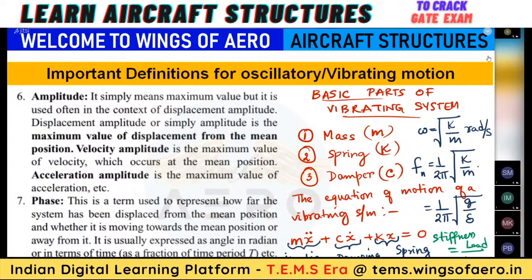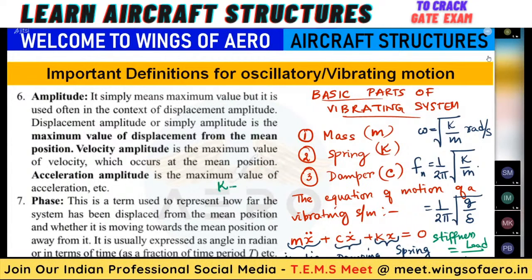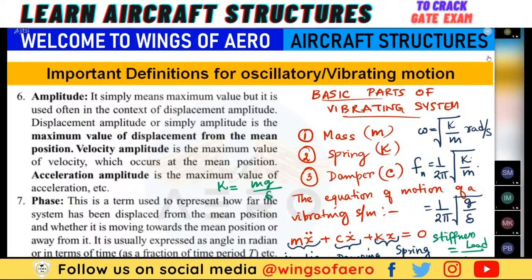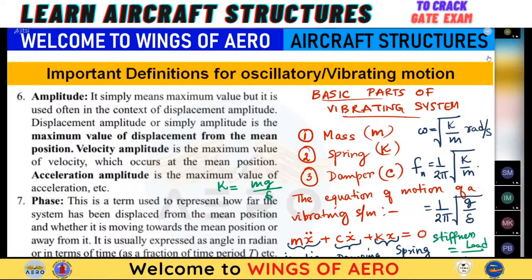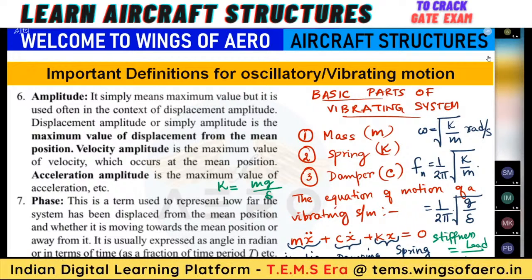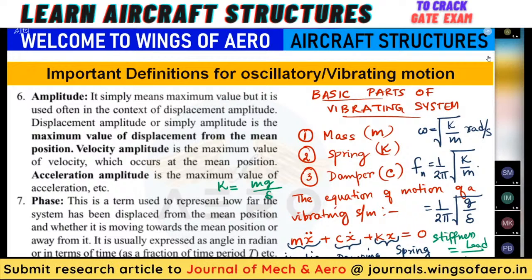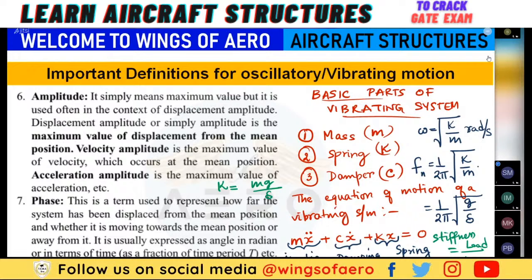That means k equals mg by del. This has been derived from the formula where we take k by m and g by del. Del is the deflection of any beam or whatever it is. Clear? Have you noted down this formula? Shall we move to the next? Yes, ma'am. Okay. All right.